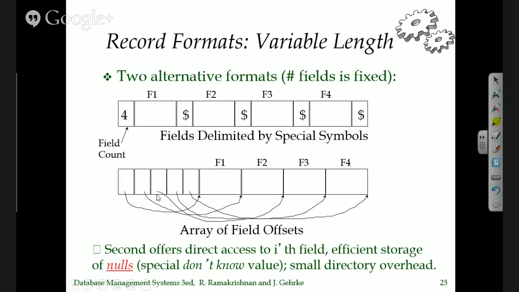Yeah. Could they not split the fields so that they have all the fixed fields somewhere and then maybe all the variable fields somewhere else? They could, and in fact, for something called blob, they do. It's binary large objects. So if you have a picture in the record, then that's typically stored somewhere else.